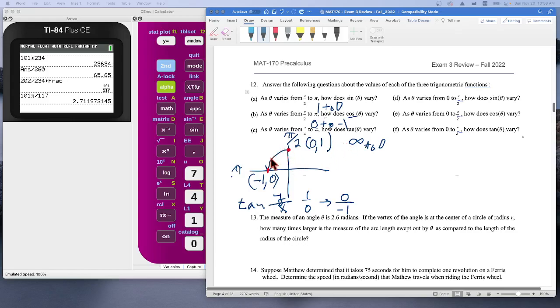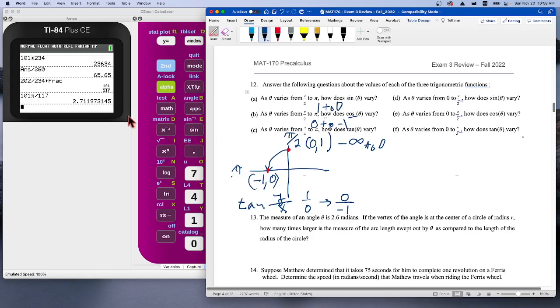These are all going to be negatives coming down for the x's. The x is going from smaller to larger.